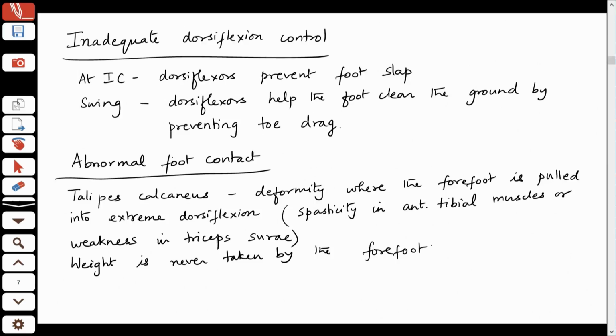What will happen to the duration of stance phase on that leg?